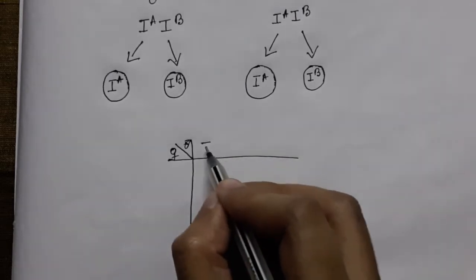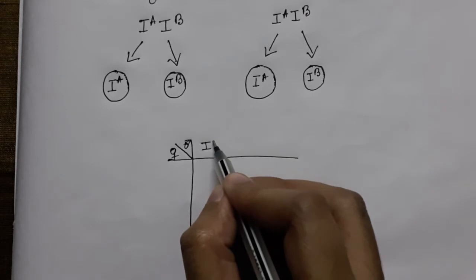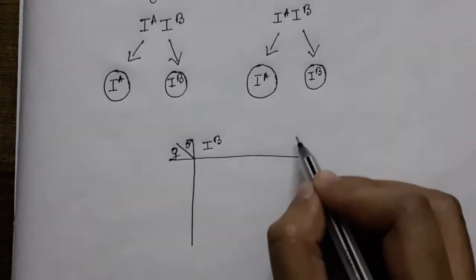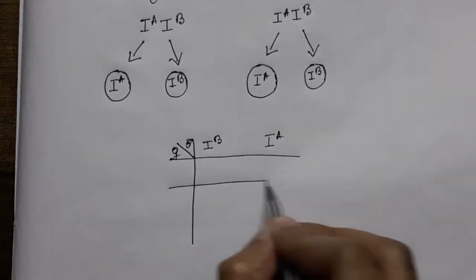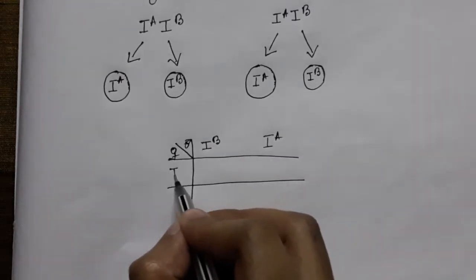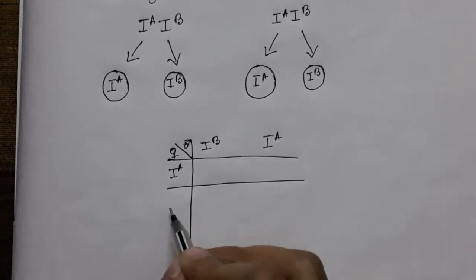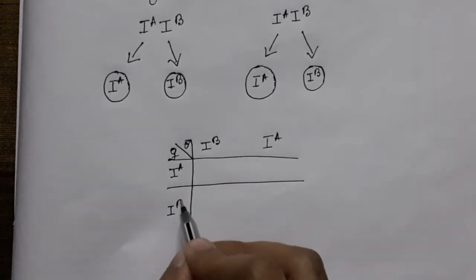So, male has gametes IB, IA. Similarly, female also has IA and IB.